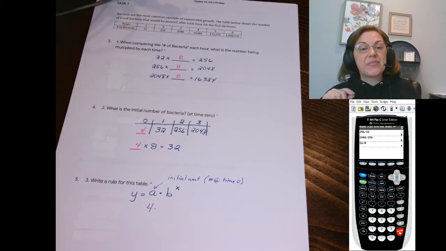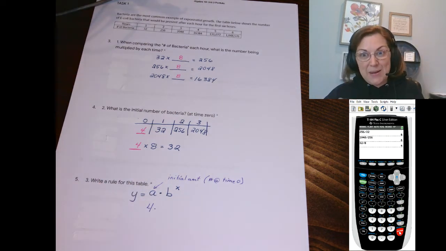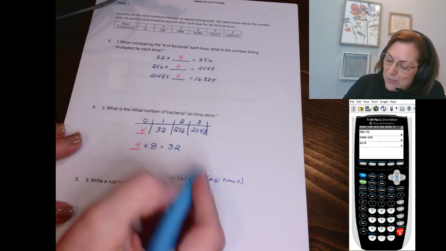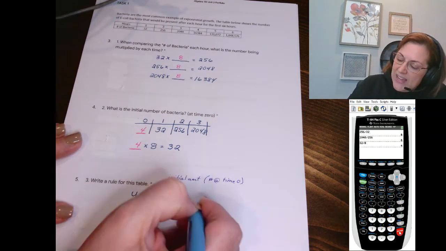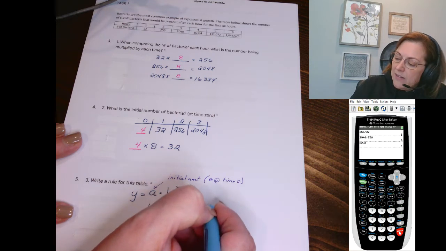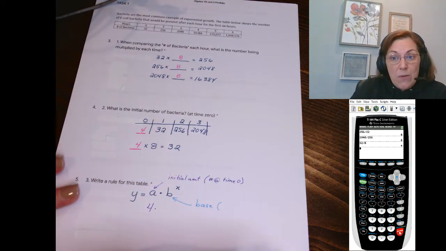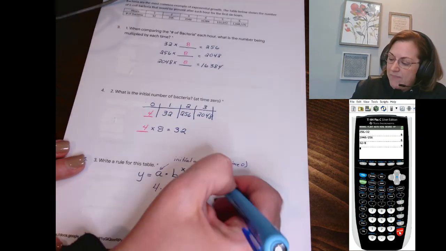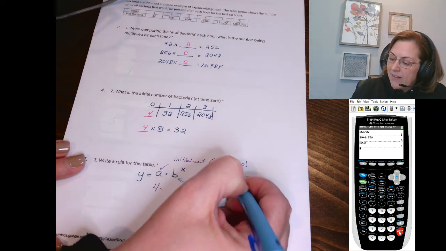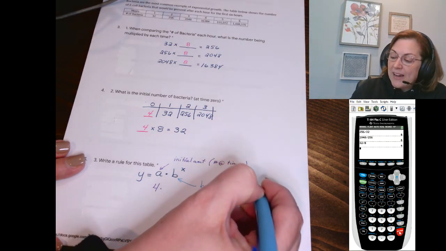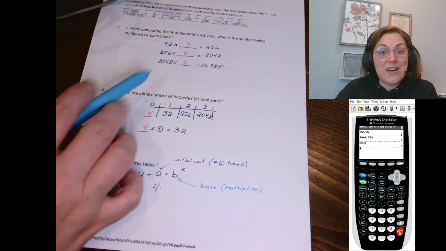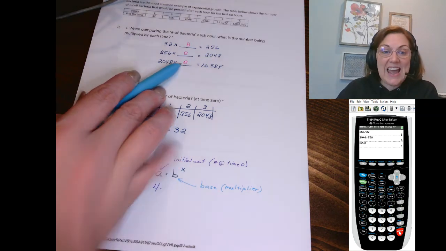Now, B, I bet you already guessed, we already found it as well. B is called the base, but it's really what we multiply each time. It's the multiplier. Well, remember back in part number 1, we already found the multiplier was 8.